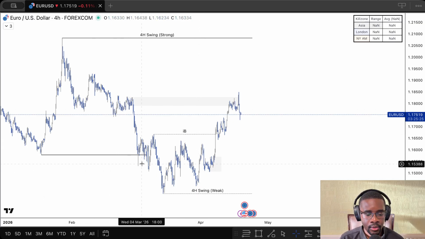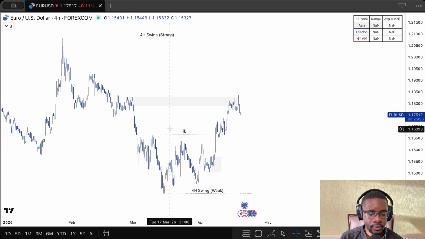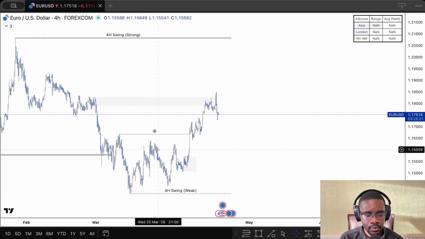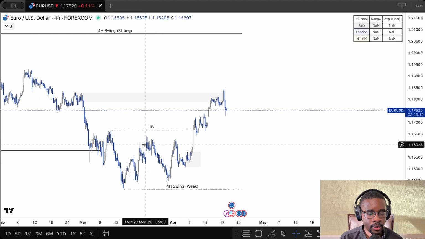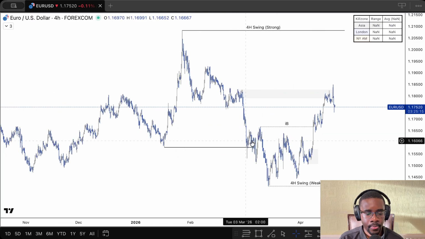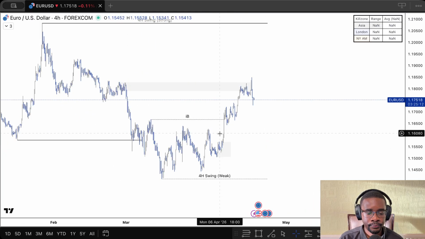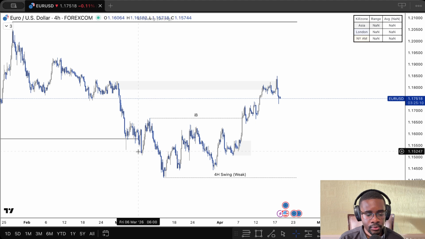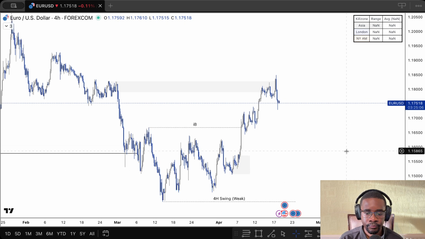This pullback, I wouldn't size it as a swing pullback. It's quite small. So this was just an internal BOS. So internal is shifted bullish at the moment. So this is what we have.